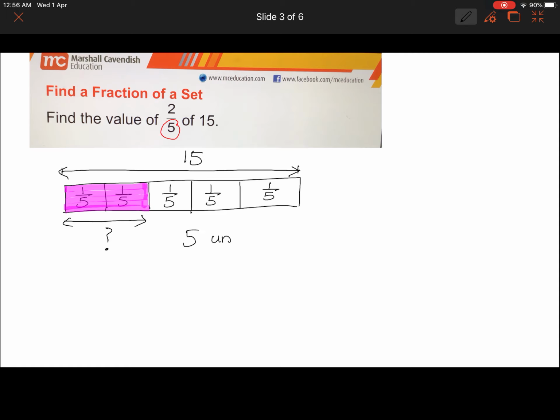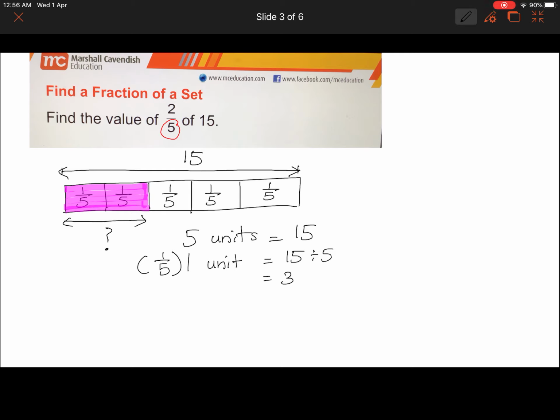So 5 units will give me 15. 1 unit, 15 divided by 5, and this will give me 3. So that means every 1/5 will give me 3.